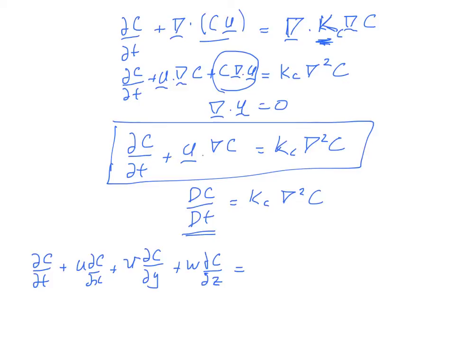And then we also have, on the right hand side, kappa times d squared c dx squared plus kappa times d squared c dy squared, and we have the same with d squared c dz squared.